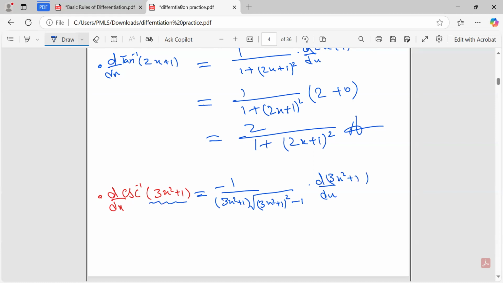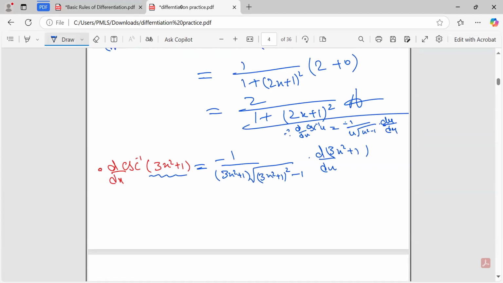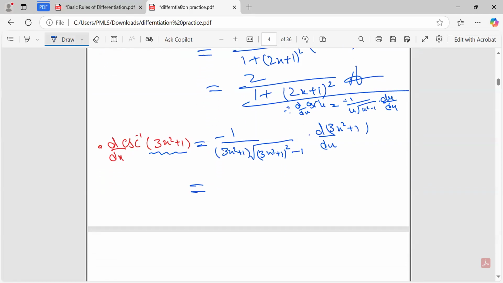This is actually u, and we apply this formula. So it will be minus 1 over u times square root of u square minus 1, du by dx, right? So we can write it as minus 1 over 3x square plus 1 times square root of 3x square plus 1 whole square minus 1, times the derivative of 3x square plus 1.